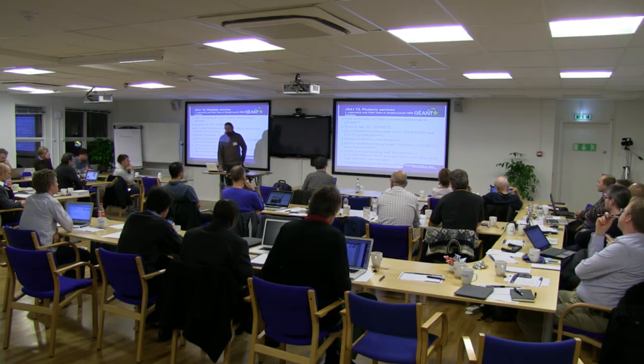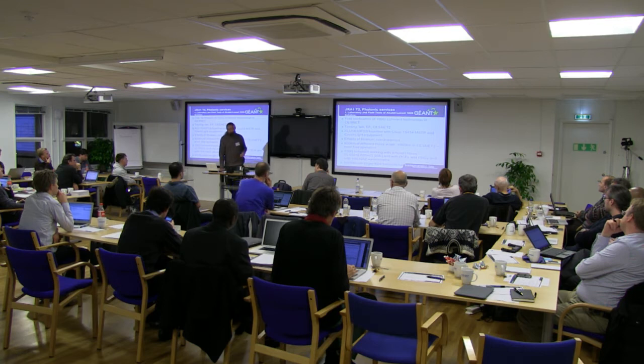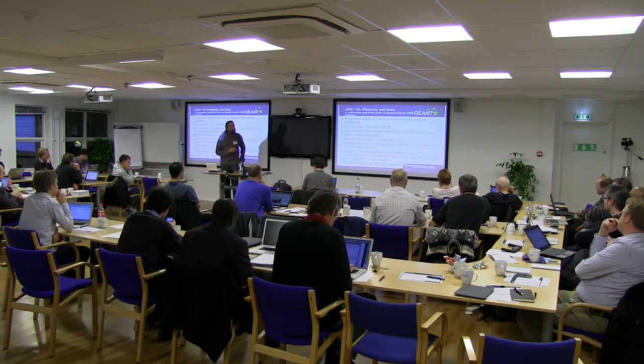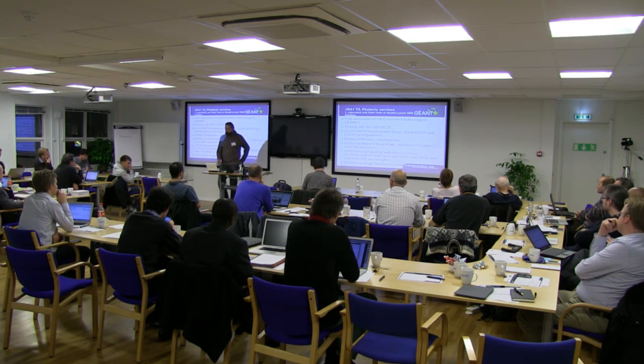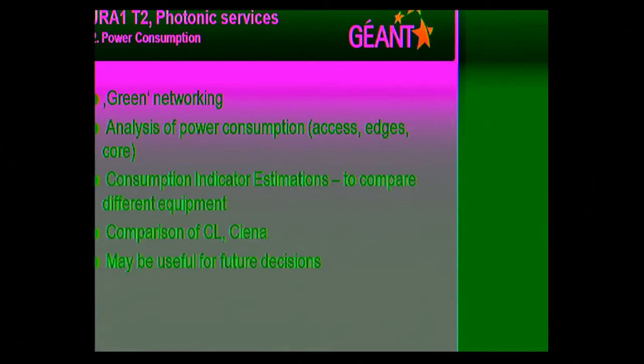Everything was with error-free operation, so basically it was just alien waves from Alcatel-Lucent transmitted over Cisco equipment. It was really interesting, even in the lab it was a mix of different fibers, G.652, and both plus and minus 655, with dispersion compensating fibers and different types of fiber Bragg gratings, together with 10 gig non-return-to-zero wavelengths, and it was tested even over single fiber bidirectional transmission without any problems.